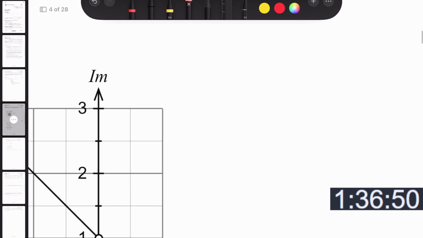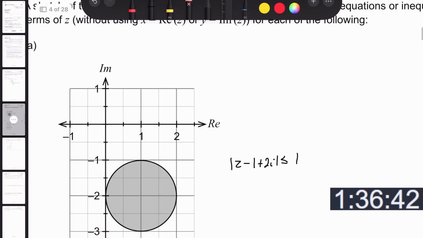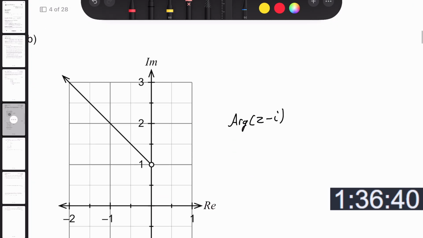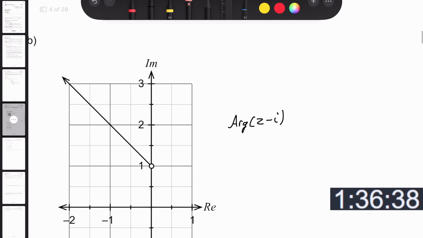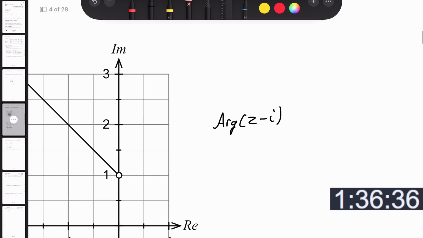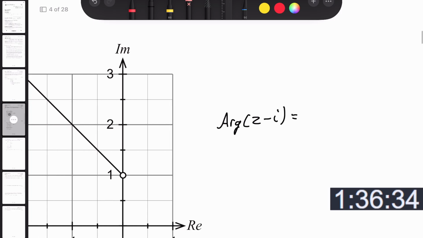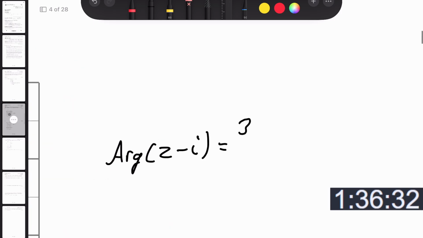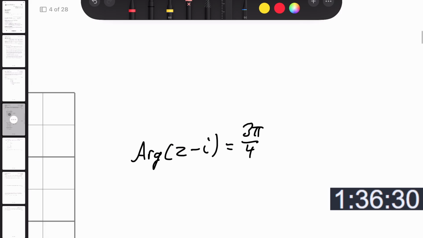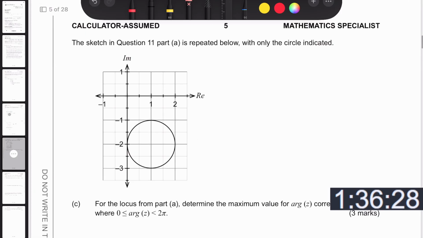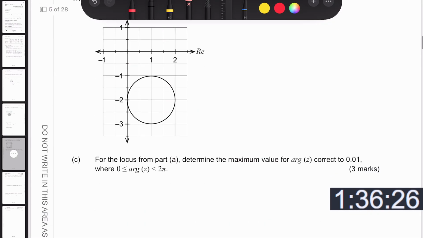Then this one will be argument of z from 2i down must equal 3 pi on 4.